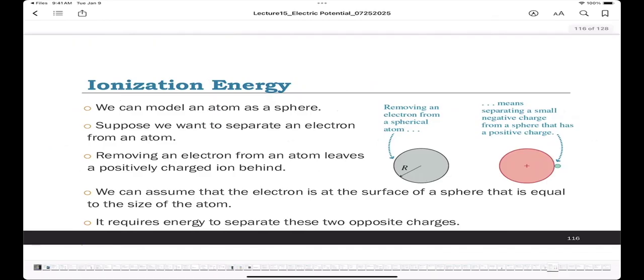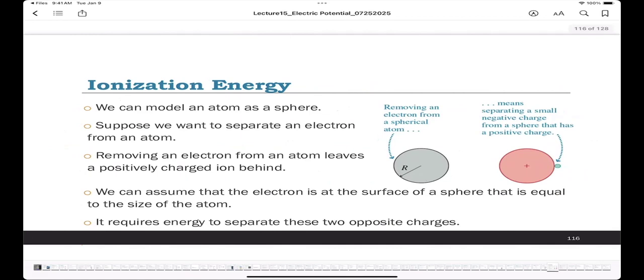And there is an ionization energy example. We can model an atom as a sphere, and suppose we want to separate an electron from an atom. Removing an electron from an atom leaves a positive charge behind. We can assume that the electron is at the surface of a sphere that is equal to the size of the atom.